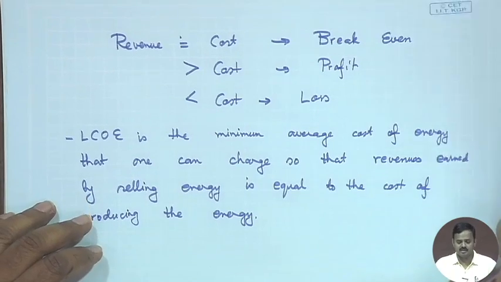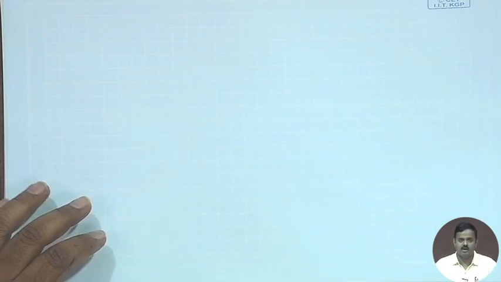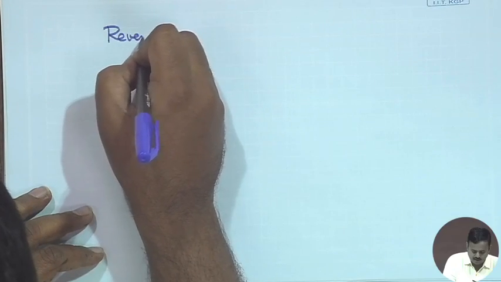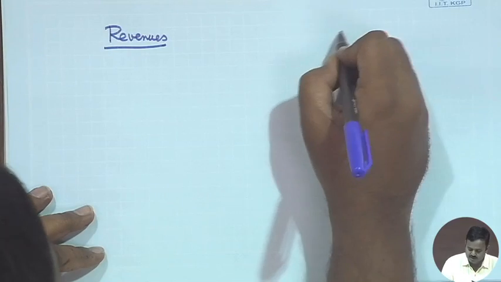We looked at various factors. We looked at initial cost, right. What all did we look at? We looked at revenues versus costs.